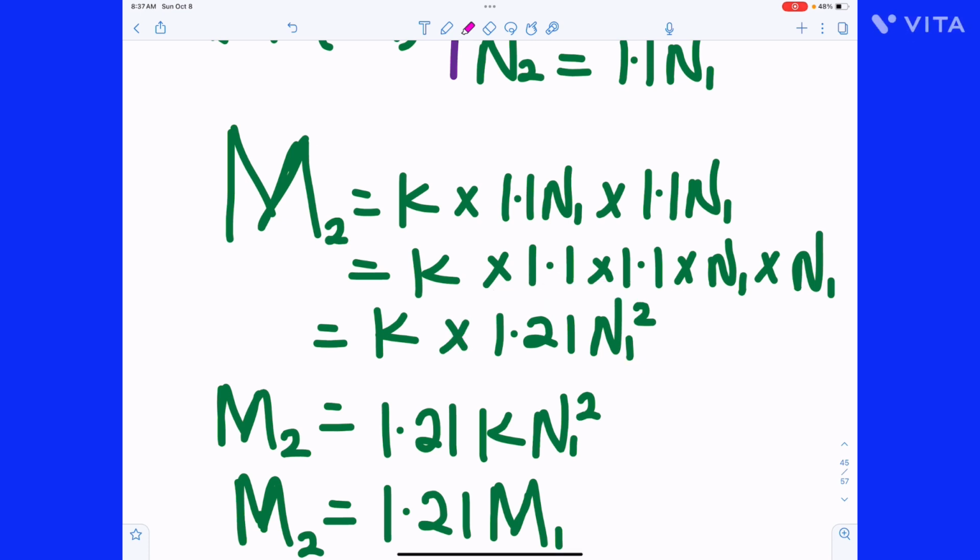So that means m2 is equal to 1.21 times kn1 squared.